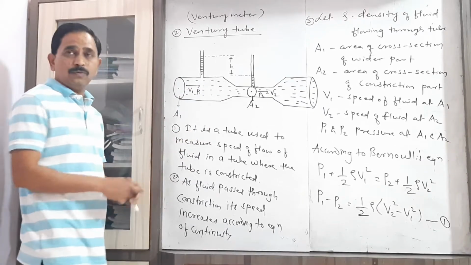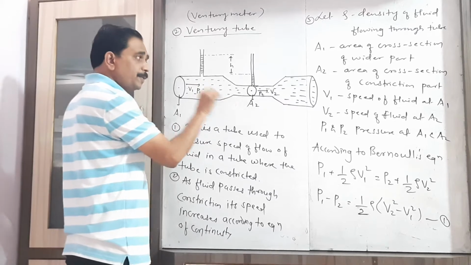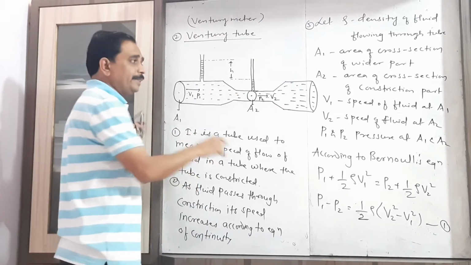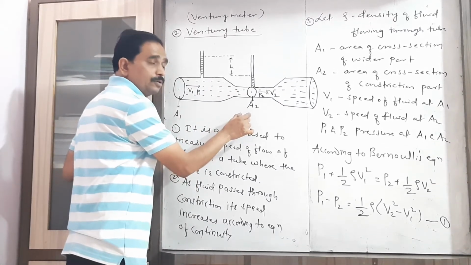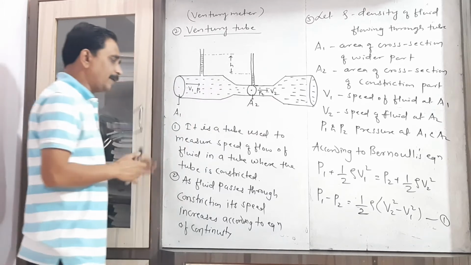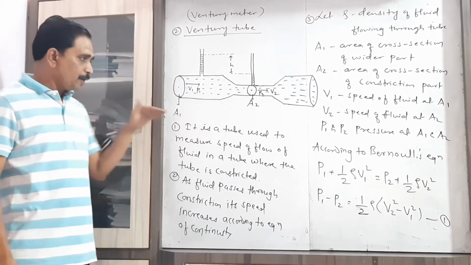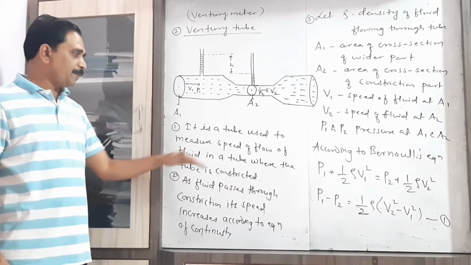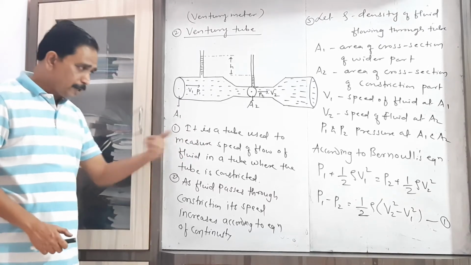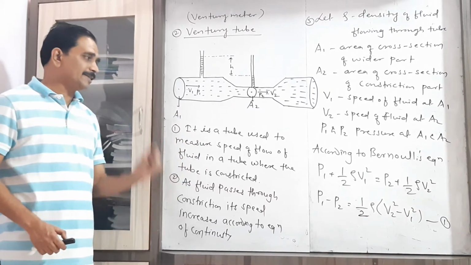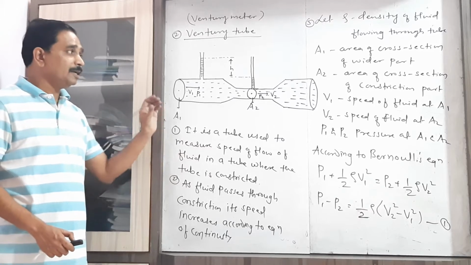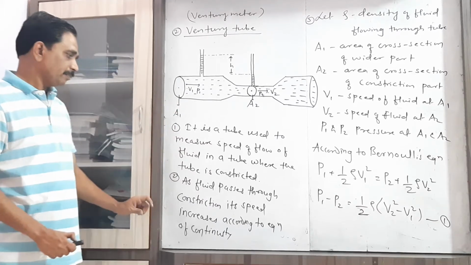Here we have to consider the speed of the fluid when it flows through the constricted part. So I write the first point as: it is the tube used to measure the speed of the fluid in a tube where the tube is constricted, where the tube is going to be narrow.